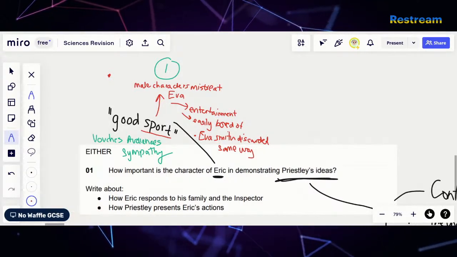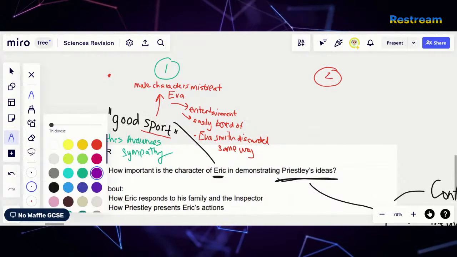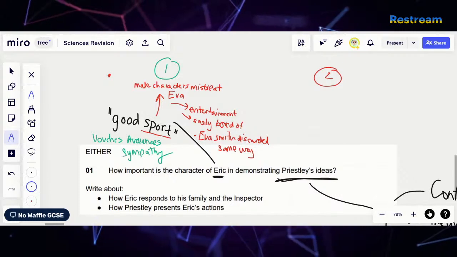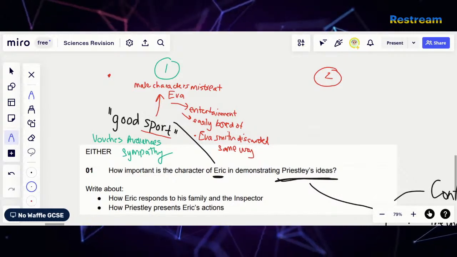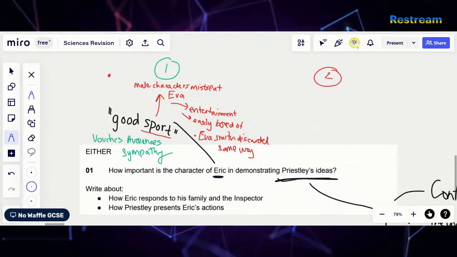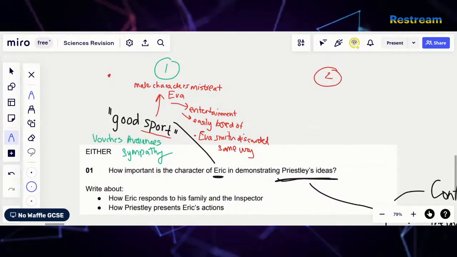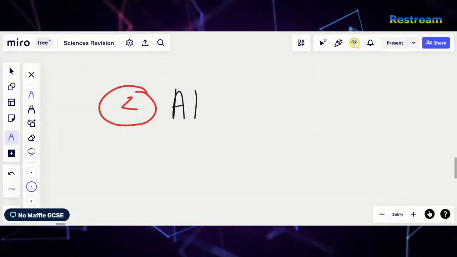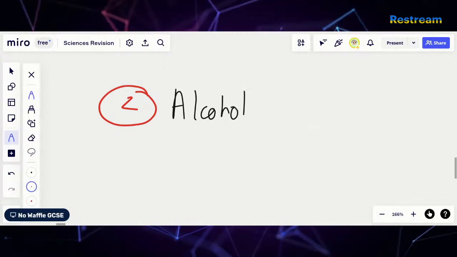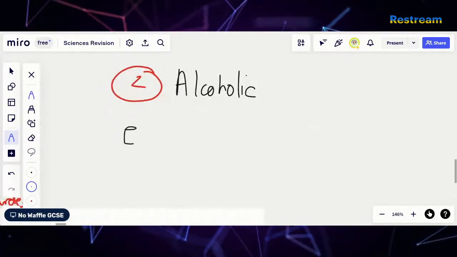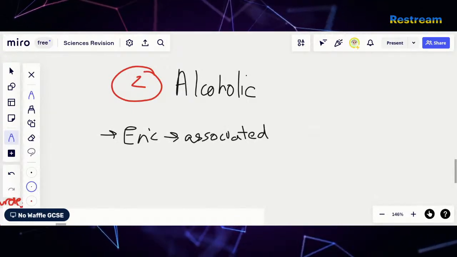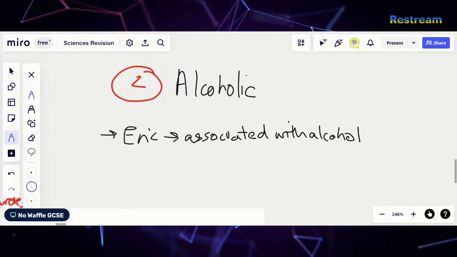Now, another point we could discuss about Eric, using more quotes, is the connotations of being an alcoholic. Eric is normally associated with alcohol throughout the entirety of the play.